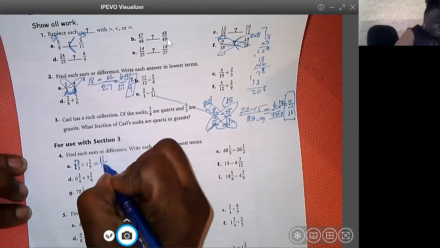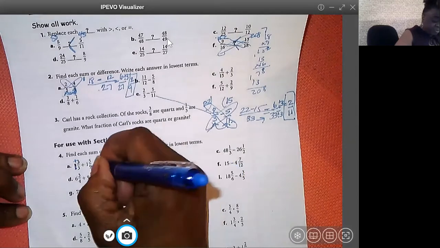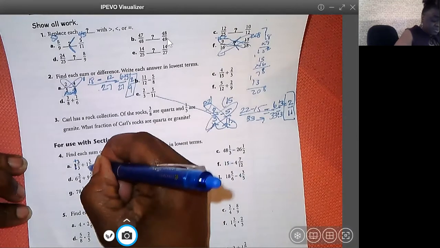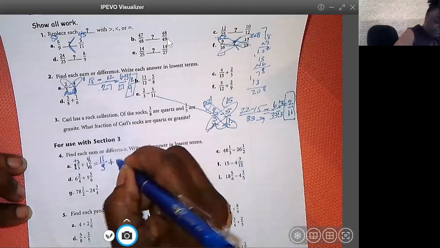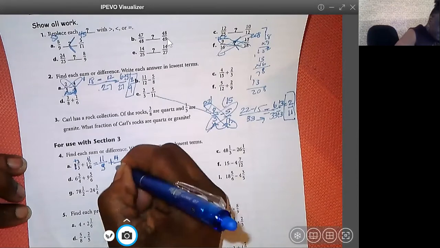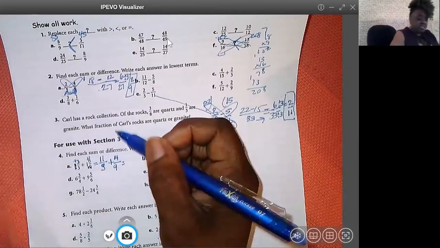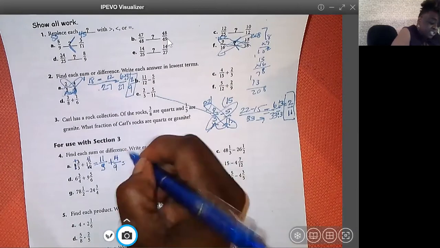And you keep the denominator. You do the same thing to the next number, which is 9 times 1 is 9, plus 5 makes that 14. And again, keep the denominator. So you have 11 plus 14, which is 25.